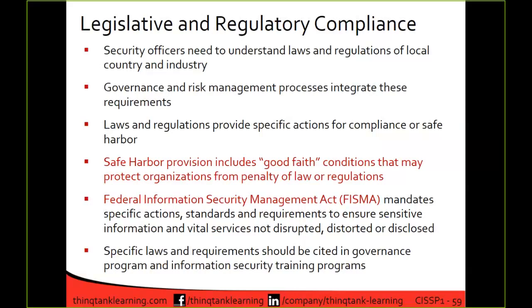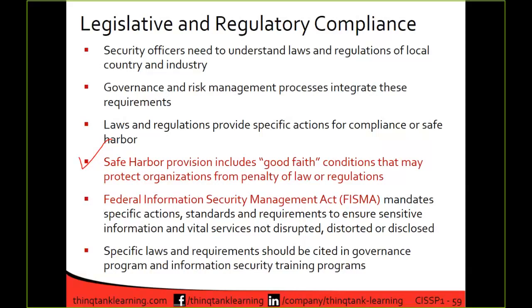Governance and risk management process integrate those requirements. Laws and regulations provide specific actions for compliance or safe harbor. Now, let's define safe harbor, right? It says right here, safe harbor provision includes good faith conditions that may protect organizations from penalty of law or regulations. What does that mean?